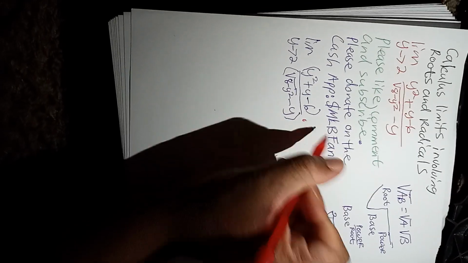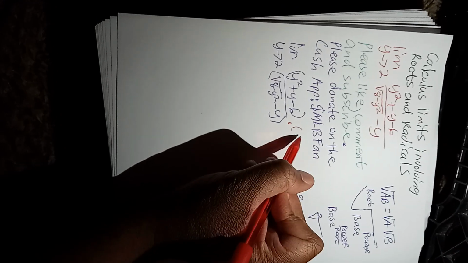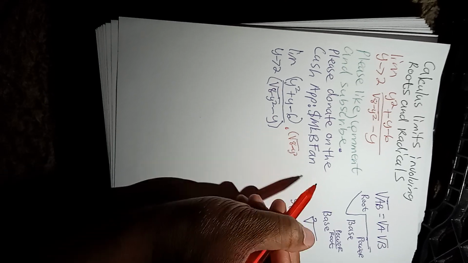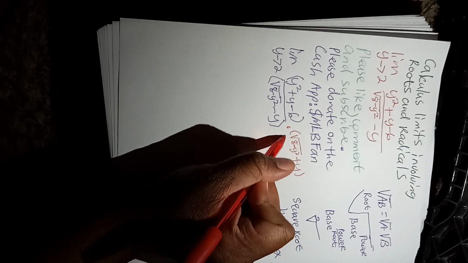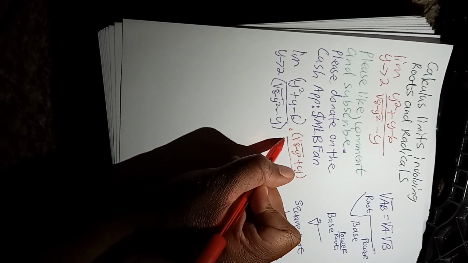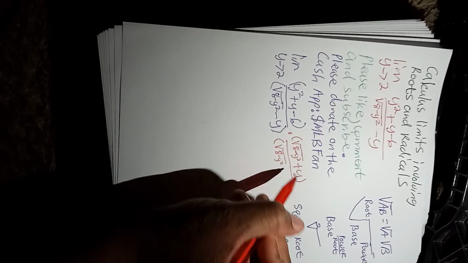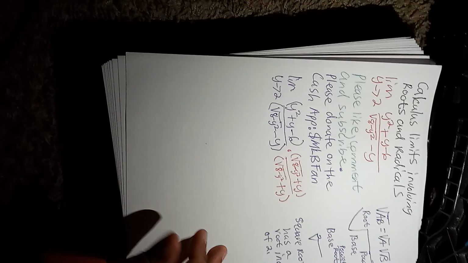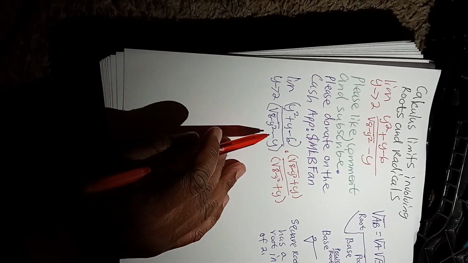So we're going to multiply the numerator and denominator by the square root of 8 minus y squared plus y. And so first we need to distribute in the denominator.